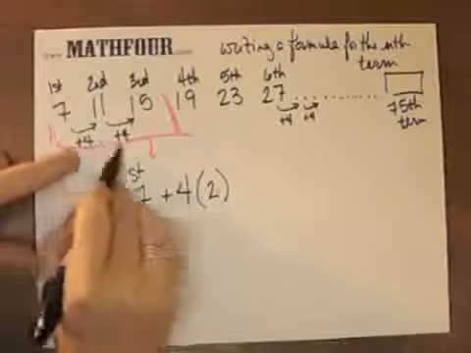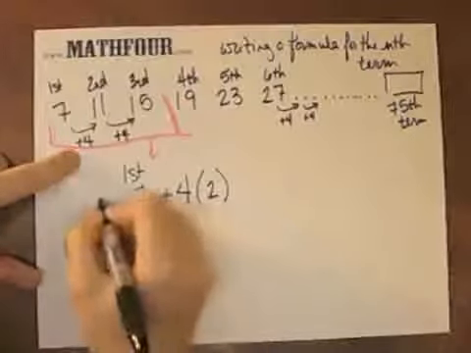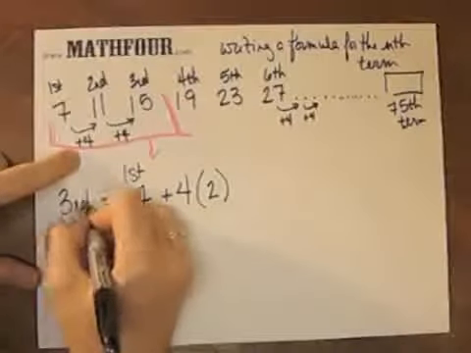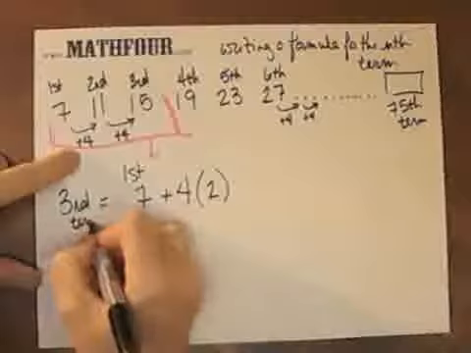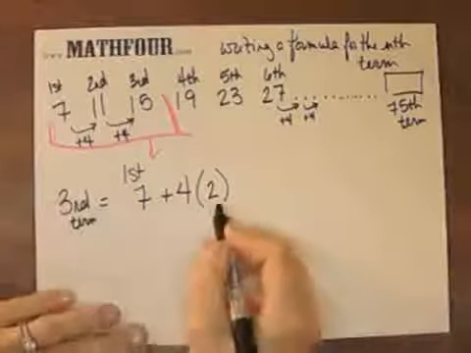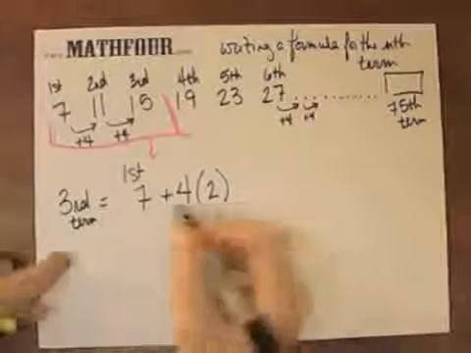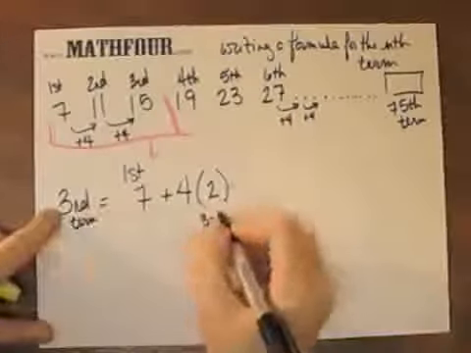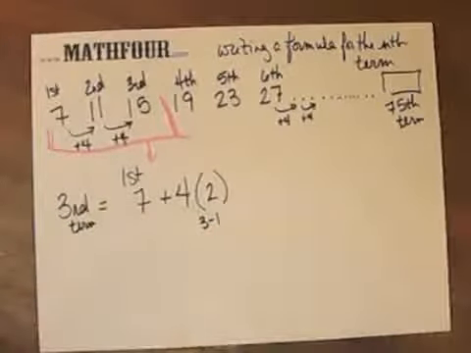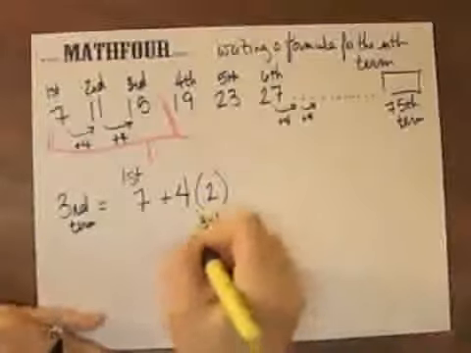Right, so these two 4s, this is 4 times 2, and this gives me the 3rd term. So what is this 2? This 2 is the same as 3 minus 1. This 3 is the same as this 3.